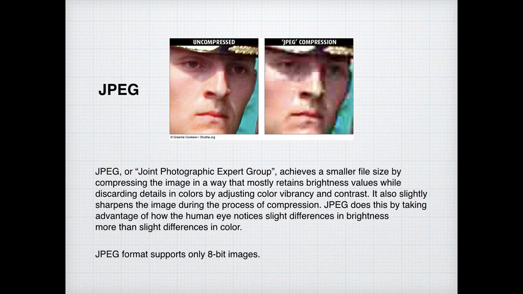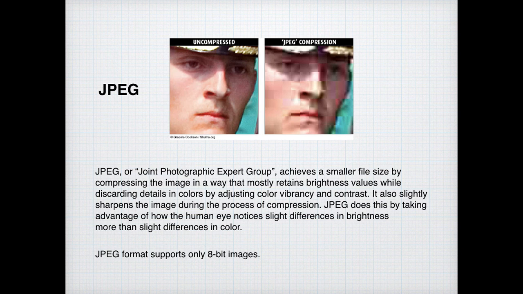And you can see in this example where the uncompressed file is much sharper, there's more detail, there are more colors, and then with the JPEG compression, we can kind of see the pixels in this square format. We've lost a lot of detail. JPEG format supports only 8-bit images.